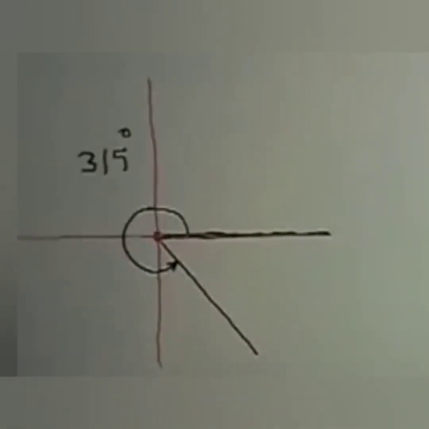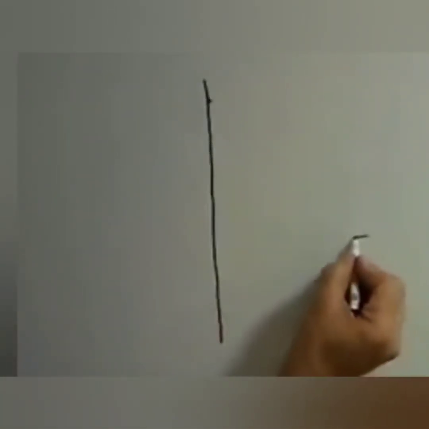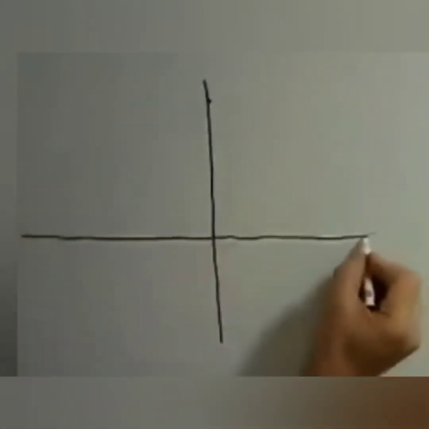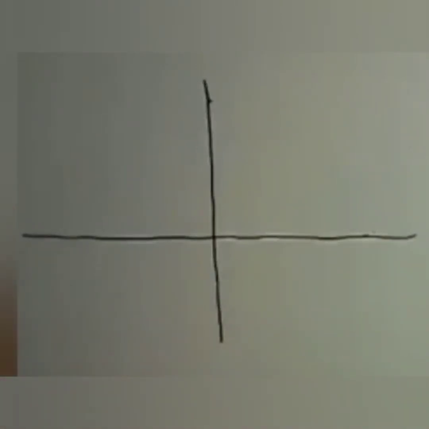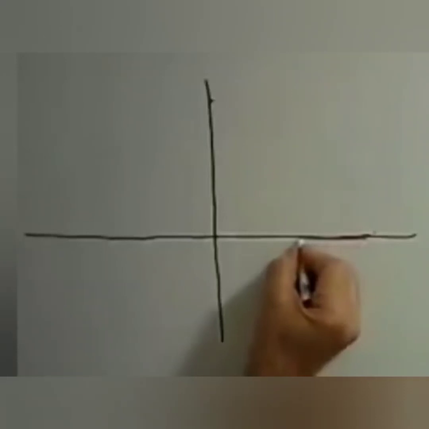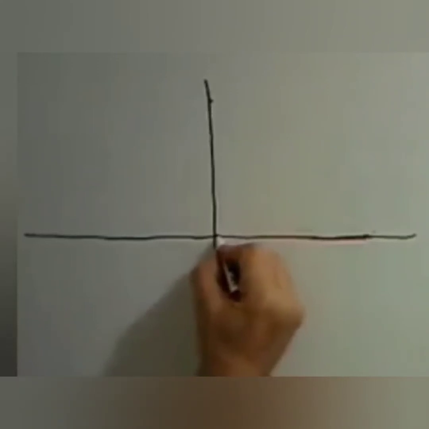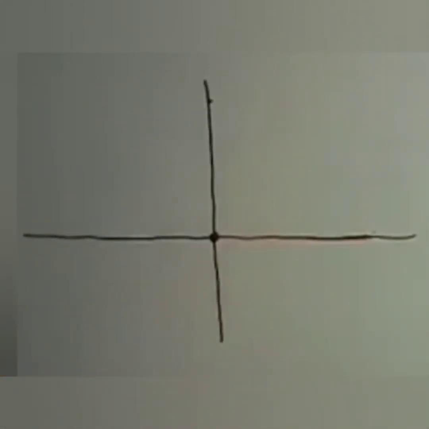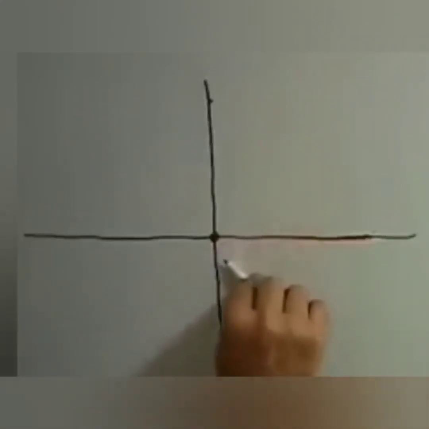Now let us go to the angle negative 150 in standard position. So again we will do the same thing, draw the y-axis and x-axis, and starting from the initial side will be here, and the vertex of the angle will be on the origin point. And here, because this is negative, we will move clockwise in this direction.